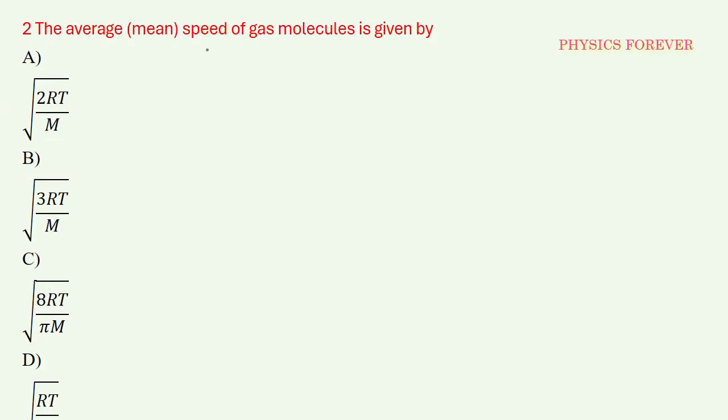The average speed of a gas molecule is given by root of 8 RT by M. Here R is the gas constant and M is the molar mass.